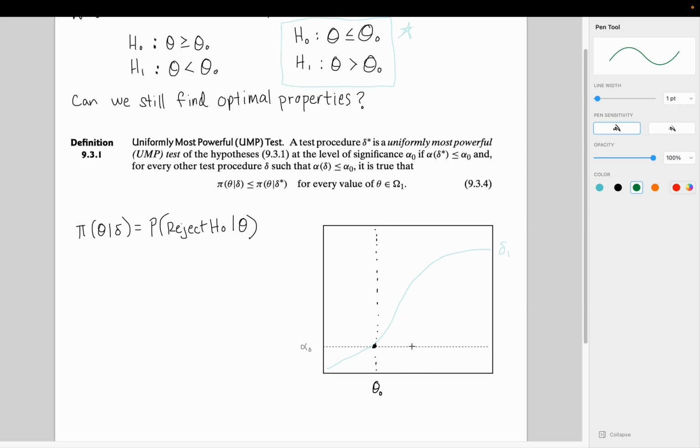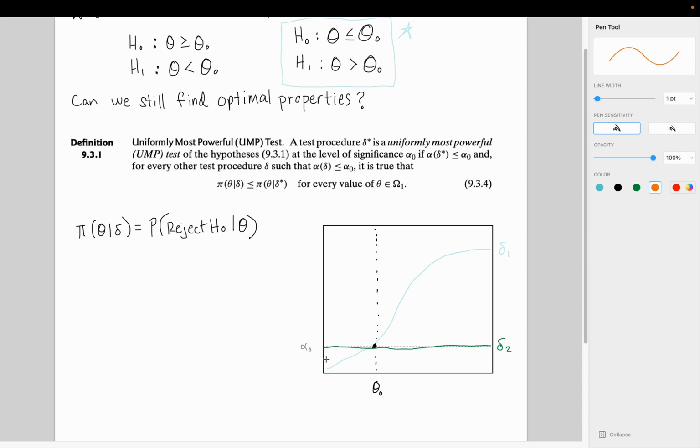So I always have an alpha naught, or 5%, chance of rejecting my null hypothesis, no matter what. We can consider that as a test. So that's a second power function, always at 0.05.